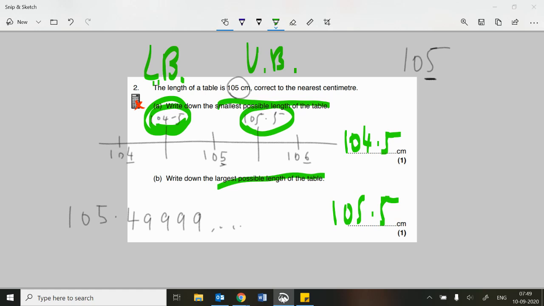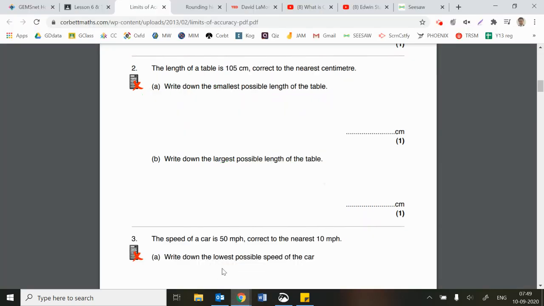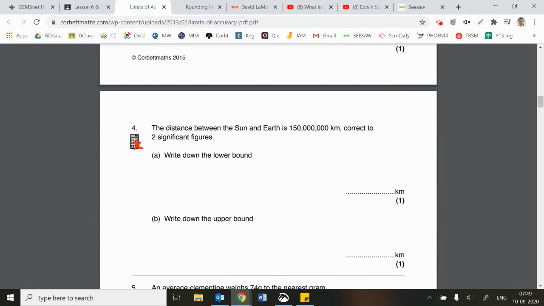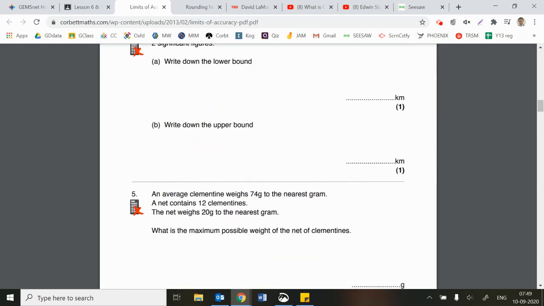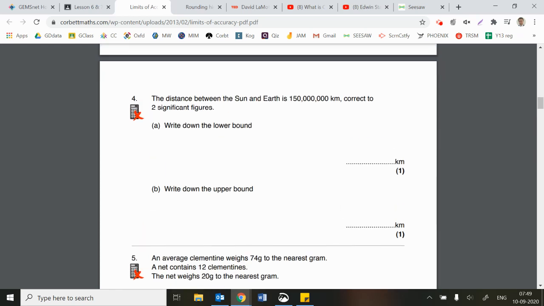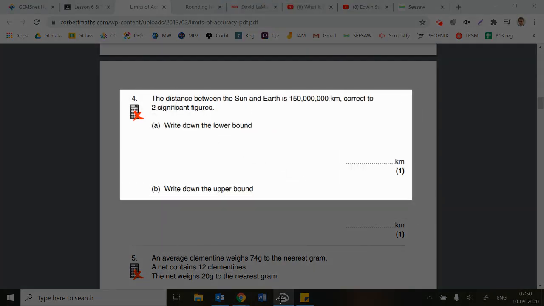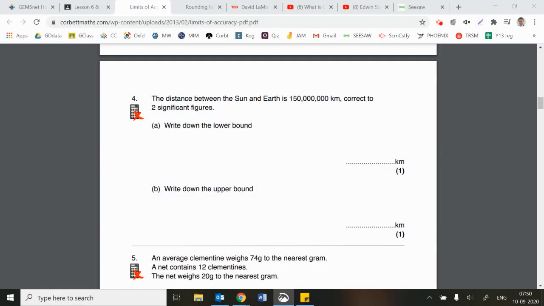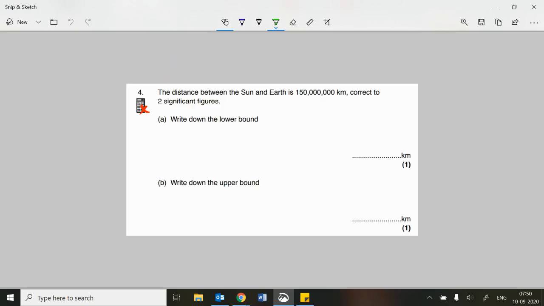Okay, well, let's look at another question, and let's see if we can find something a bit more tricky. So let's just do this one very, very briefly. Question number 4 talks about the distance between the Earth and the Sun is 150 million kilometers, correct to 2 significant figures. Now, if you're going to do this one, again, 150 million, let's underline the second most significant place here, which is the 5.